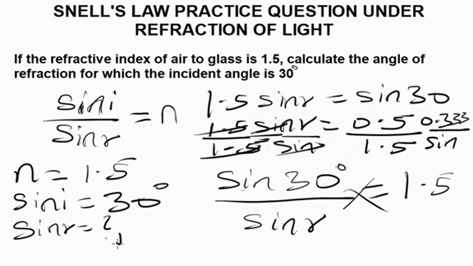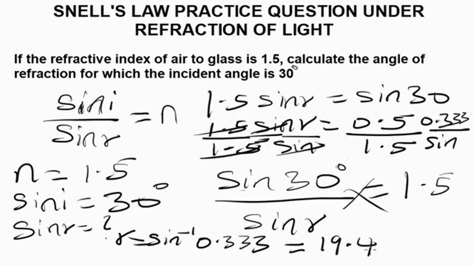Our R, that's the angle of refraction, will now be sine inverse of 0.333. If you punch it in the calculator, it's going to give 19.45. Let me leave it at 2 decimal places, in degrees. So this will be the angle of refraction.